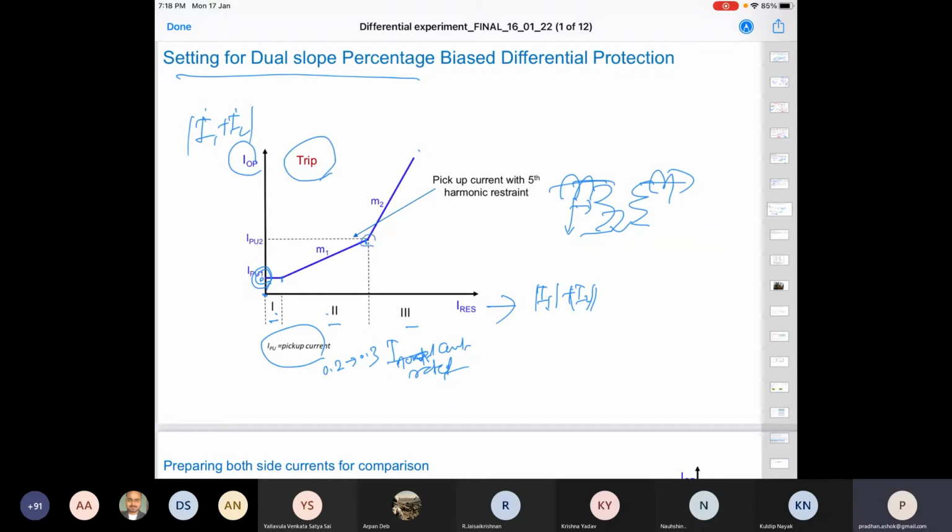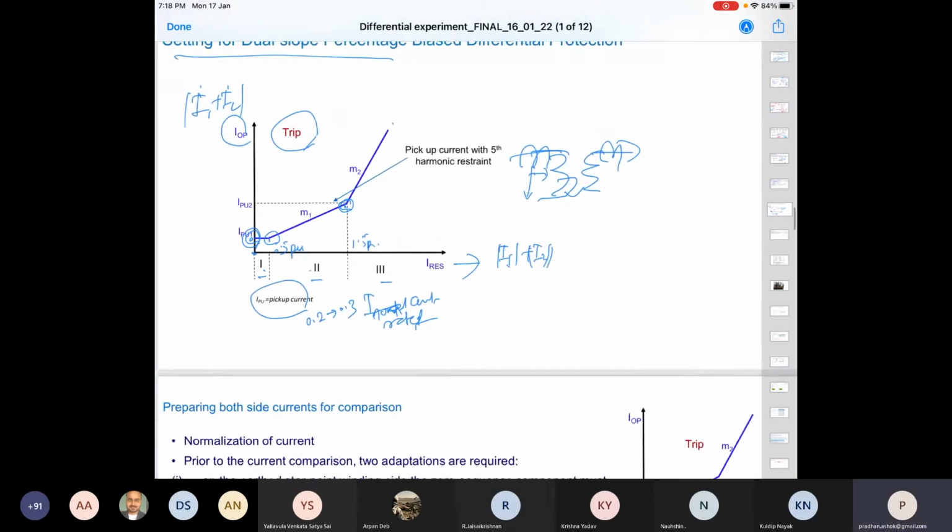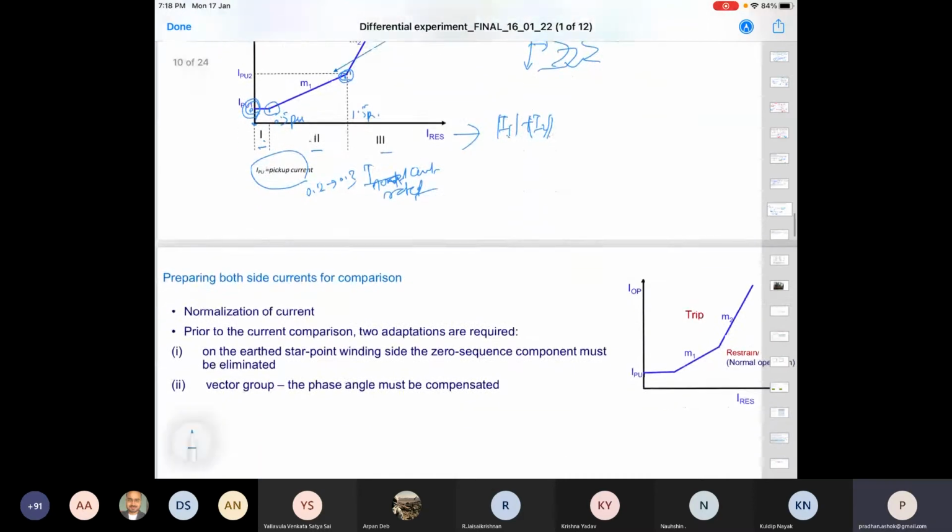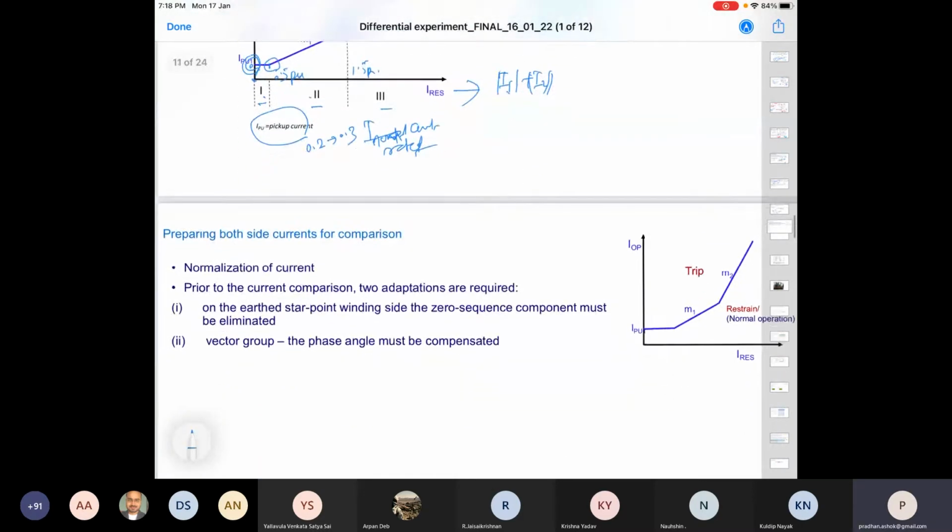So where will be the starting point of this? Typically, let me say this is 0.5 per unit of rated current. This is 1.5 per unit current, like that. Not necessarily this. It depends upon the manufacturer settings.